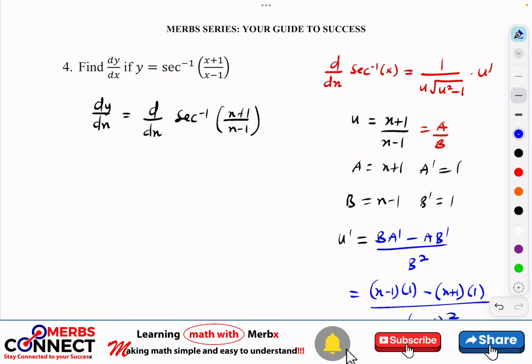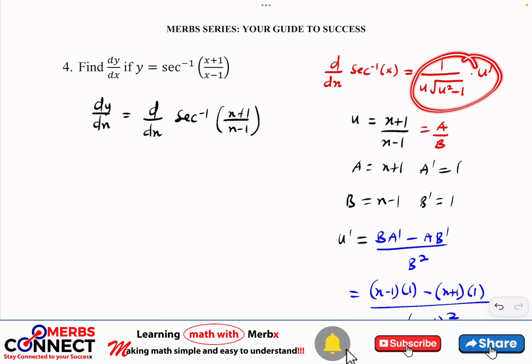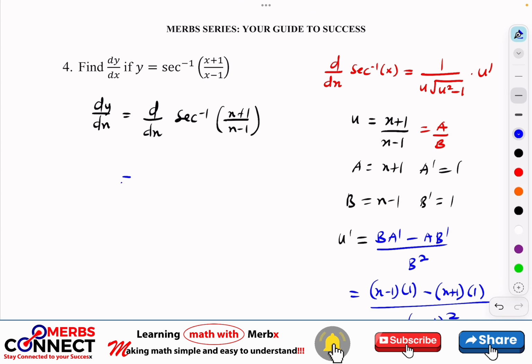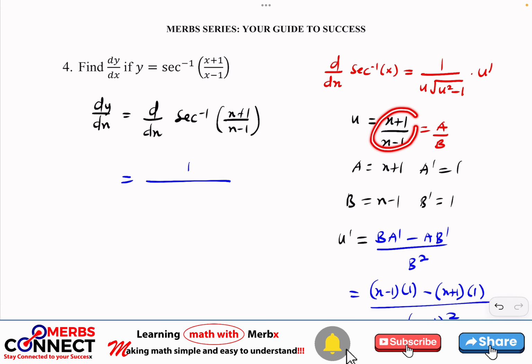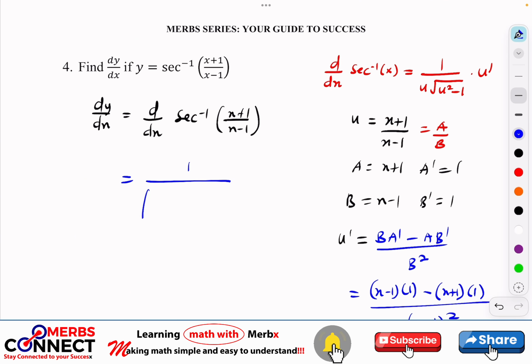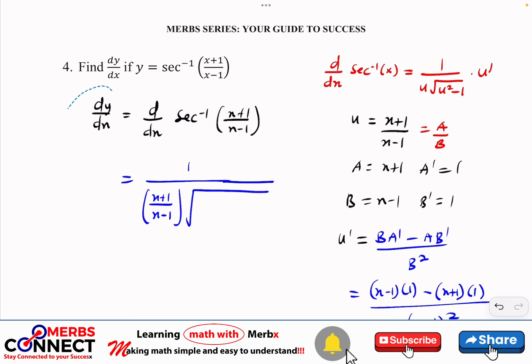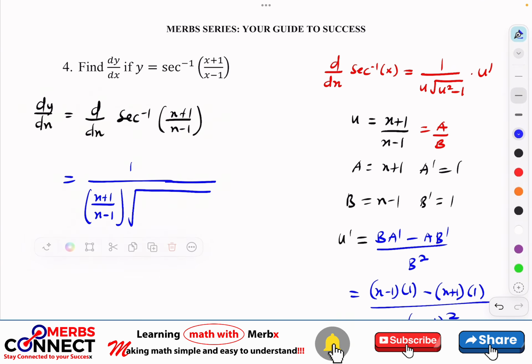So using the formula here, we are going to have 1 divided by u, which is the whole of this. So I'm going to have, let me put it in parentheses, x plus 1 divided by x minus 1, then square root of u squared again, so x plus 1 divided by x minus 1 all squared, minus 1.